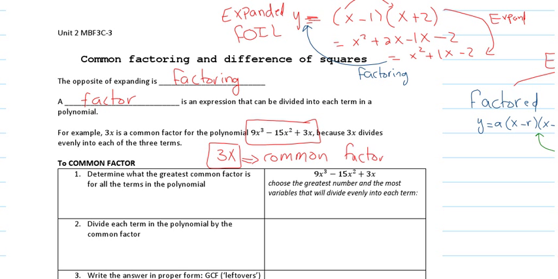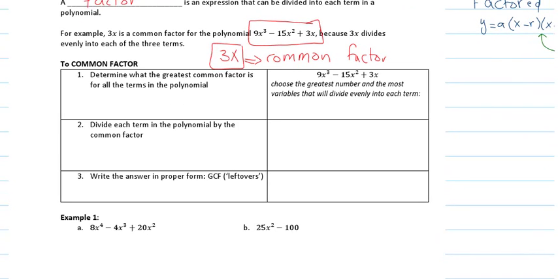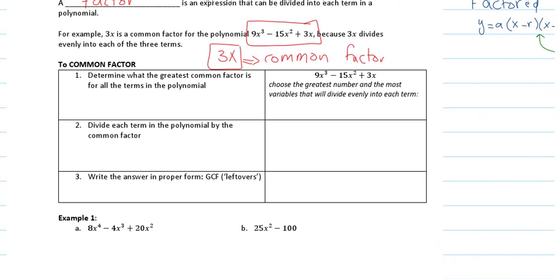After we decide what our greatest common factor is, we divide each term by it. Eyes on the board for a second, please. You must write your greatest common factor first. You're going to write your greatest common factor, open your bracket, and take each term, write it as is, and divide it by the common factor.